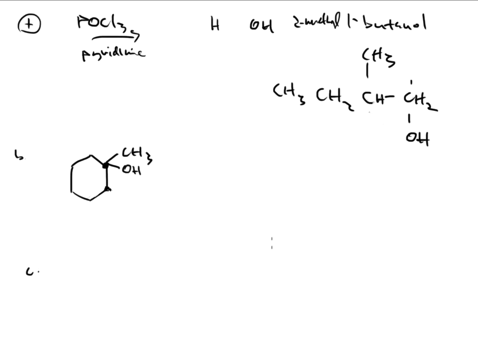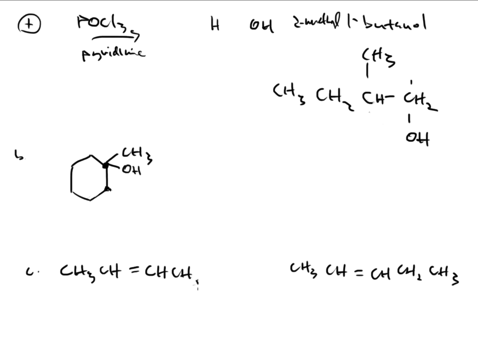For part C, I'm going to have a CH3, a CH, a double bond, a CH, a CH2, and a CH3. This is what I want to make. So that means we've got to figure out an alcohol that would give me that when I begin to eliminate it.